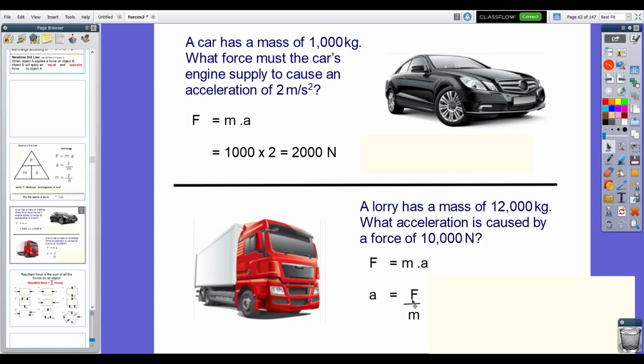Now we can just pop the numbers in. F is 10,000 and m is 12,000. 10,000 divided by 12,000. The answer is 0.83. Let's not forget the units: meters per second squared.